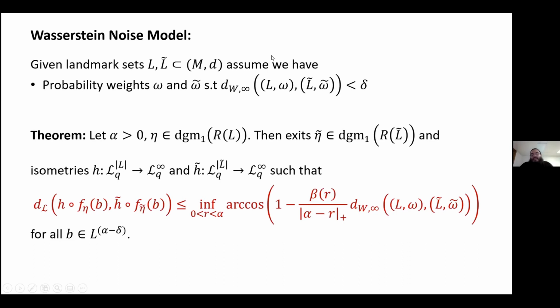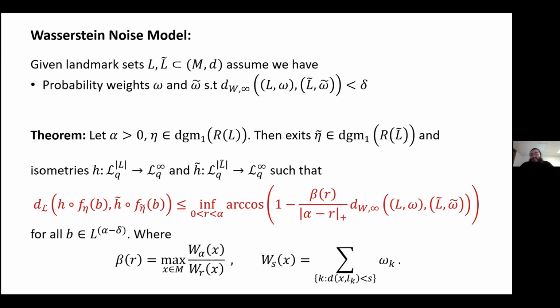The result that we obtain is that it is controlled by the Wasserstein distance and by this beta R function, which, if you want an intuition of what it is, you can think of as a multi-scale comparison of probabilities: how the probabilities change for the different landmark sets.